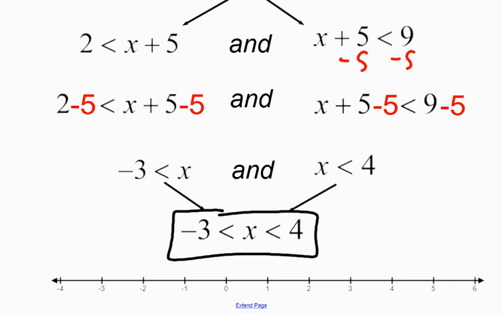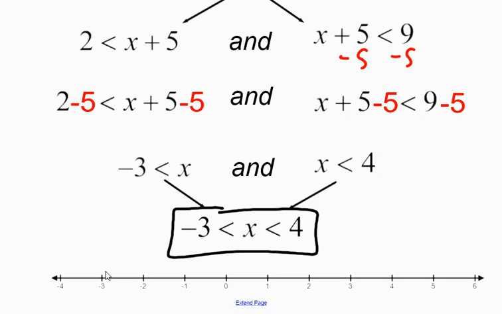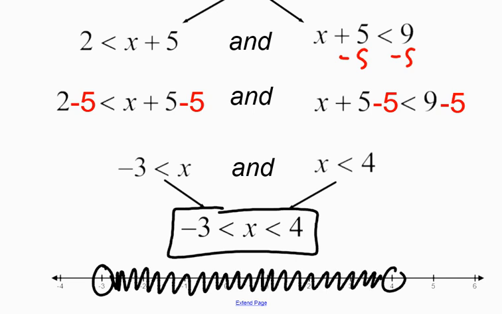How about 0? If I put 0 in here, I end up with 0 plus 5 is 5. And is 5 somewhere between 2 and 9? Yes, it is. 5 is bigger than 2 and less than 9. So 0 works. Any number in between -3 and 4, not including those numbers, would work. So there is my solution set, any number in that shaded in region.